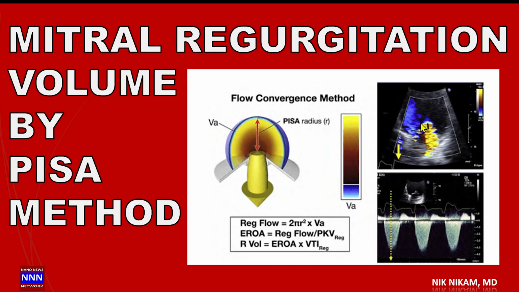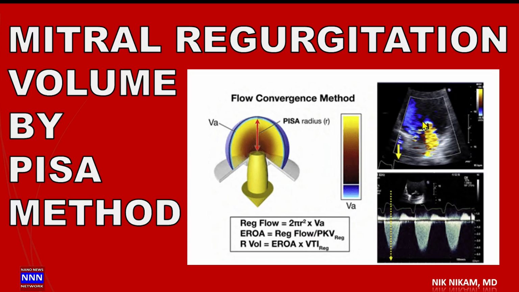When you get this nice delineation, you use that velocity, which is like 34 here, and by plugging in two numbers, namely the radius and the aliasing velocity, or the VA as it is called, we can calculate the mitral regurgitation flow by the formula 2 pi r squared multiplied by aliasing velocity.